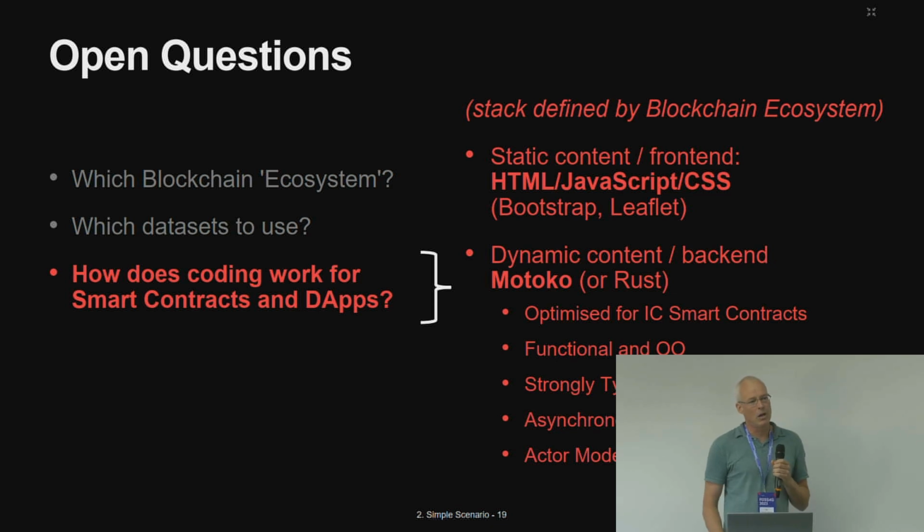One is Rust and the other is Motoko. And Motoko is specifically designed for this Internet Computer. So I chose this, to learn something new. It's quite a complex, no, not so complex, but a well-suited programming language with object-oriented and functional aspects. Okay.